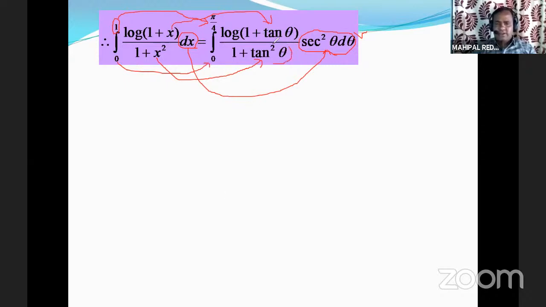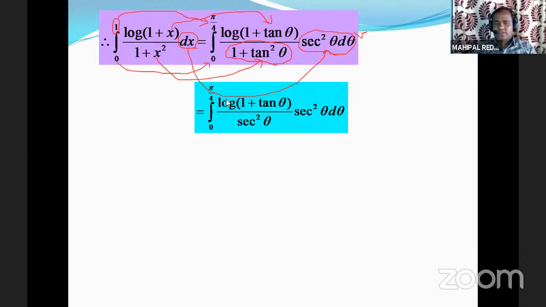Dear student, what is the value of the denominator? 1 plus tan square theta. The value of 1 plus tan square theta is sec square theta, from the trigonometric identities.